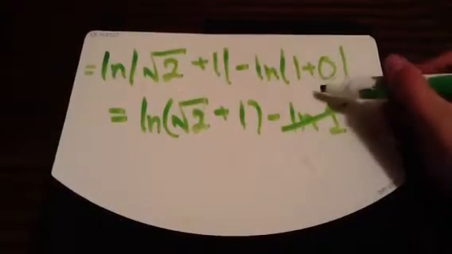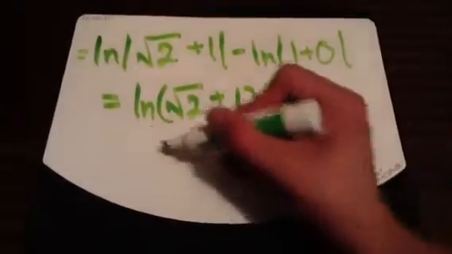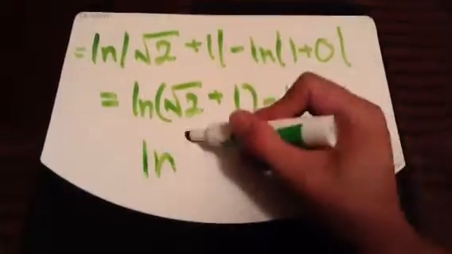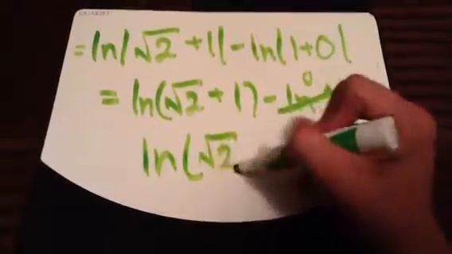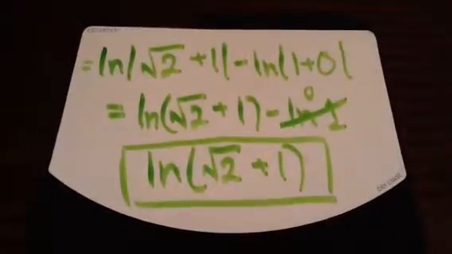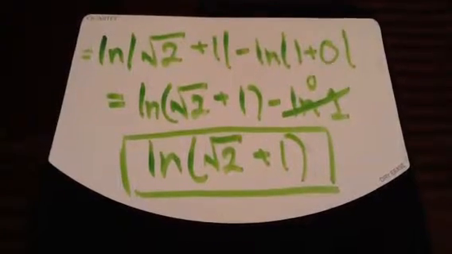Now the ln of 1 is just 0, so you get ln of square root of 2 plus 1. And that is the arc length for ln of cosine x on the interval 0 to pi over 4.